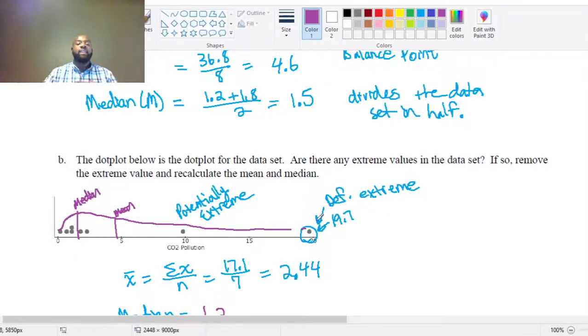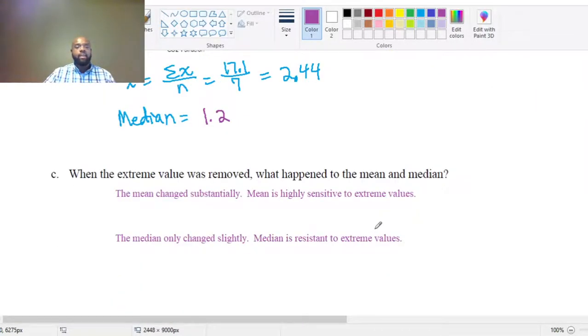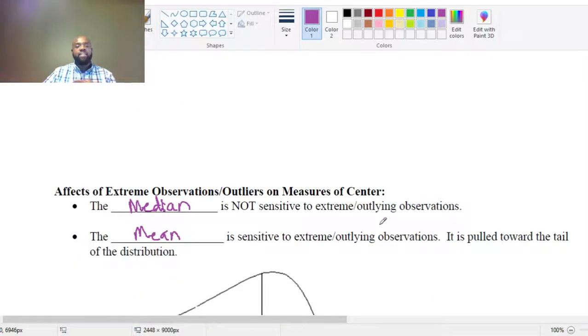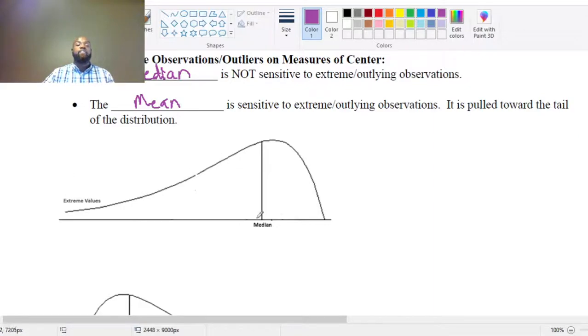All right. The effect that the extreme values have on the mean is that it's going to pull the mean closer to the tail of the distribution relative to its location to the median. And so if I have a distribution that looks like this, the extreme values are always going to occur on the tails of that distribution, right?